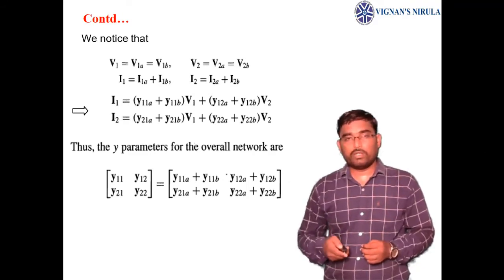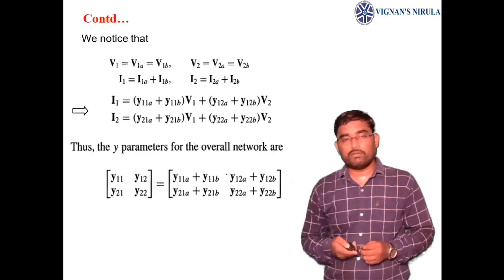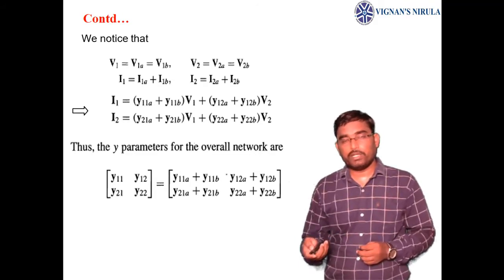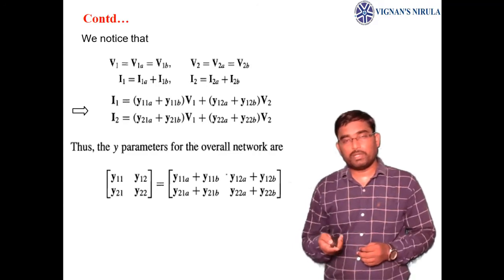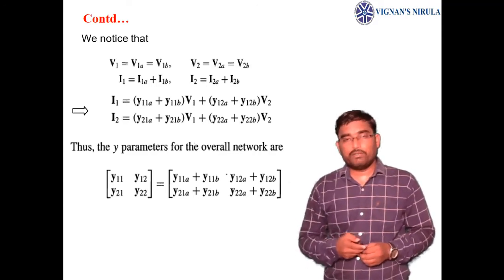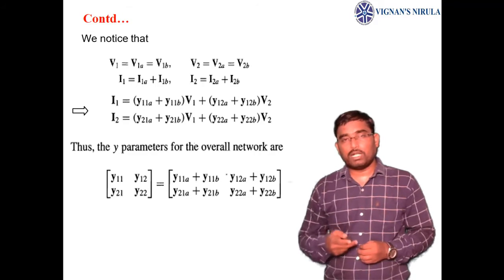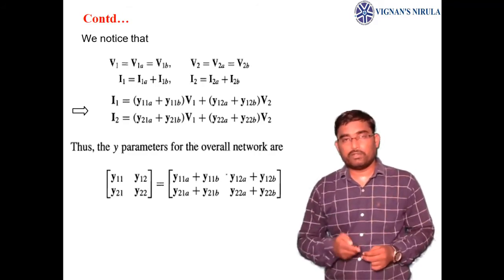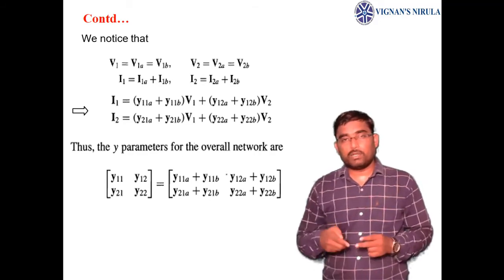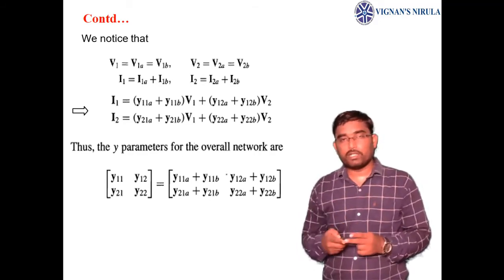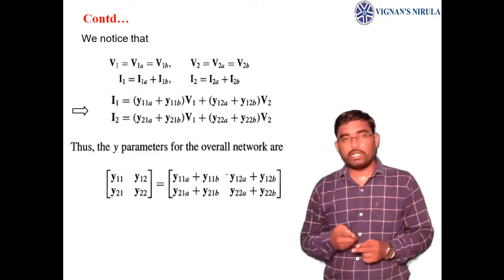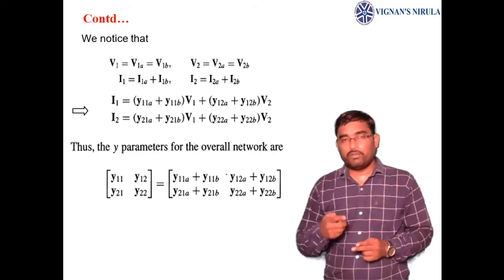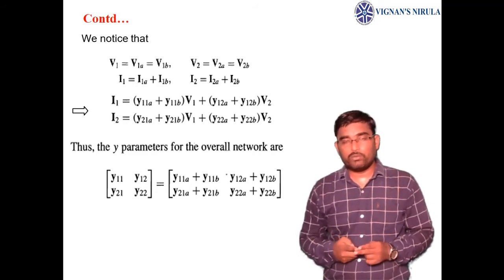Now on overall we can write it as I1 equals Y11 V1 plus Y12 V2, and I2 equals Y21 V1 plus Y22 V2, where Y11, Y12, Y21, Y22 are the Y parameters of the overall parallel connected two-port network. So Y11 equals Y11A plus Y11B, Y12 equals Y12A plus Y12B, Y21 equals Y21A plus Y21B, and Y22 equals Y22A plus Y22B.